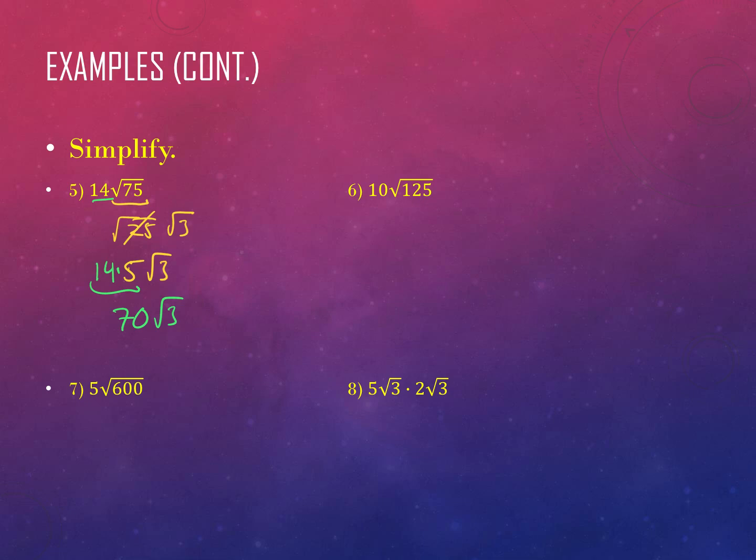All right, if you look at number 6, actually, hang on, before I do that, number 5, someone said today in class that we can also make this the square root of 15 and the square root of 5. You can do that, right? In this case, you would just need to break it down as much as you can. So square root of 5, square root of 3, and square root of 5. Just break it down like a factor tree, actually.